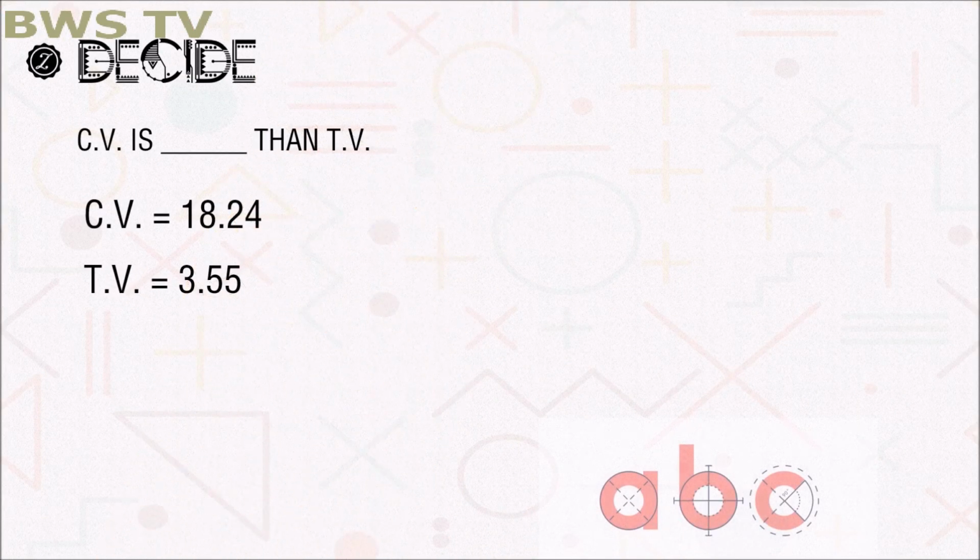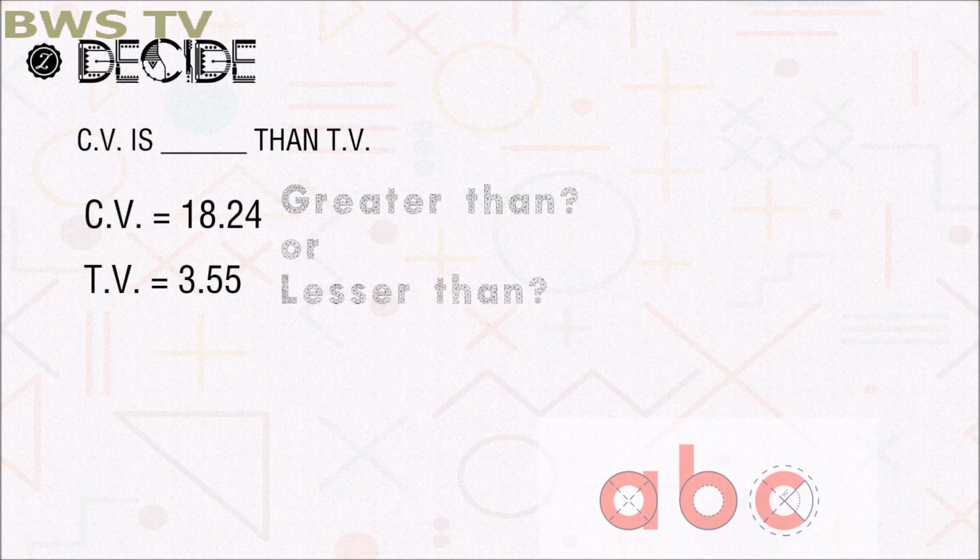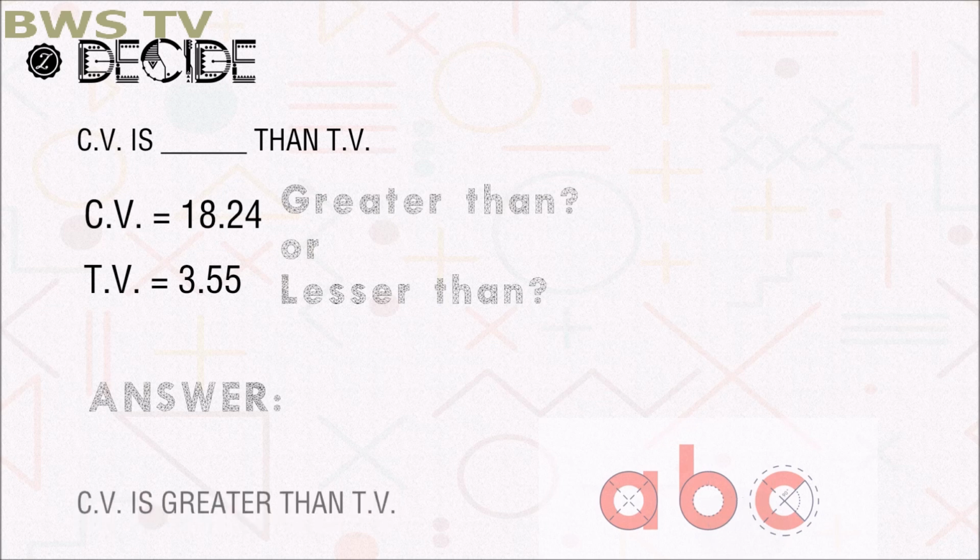Next is the decision making. Here we make use of the statements CV is greater than TV or CV is lesser than TV. So of course 18.24 is higher or greater than TV, which is 3.55.